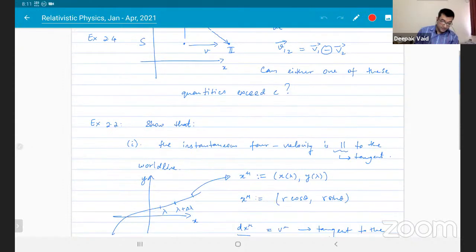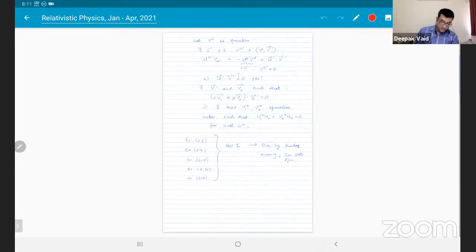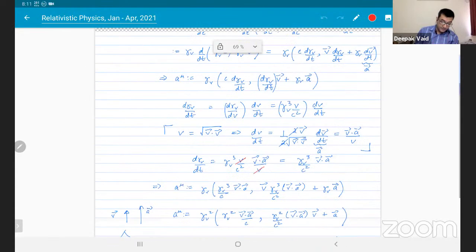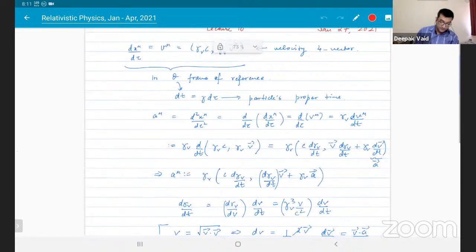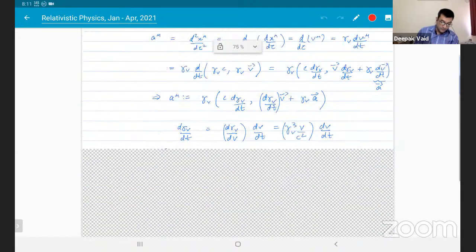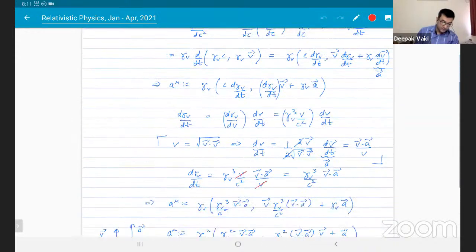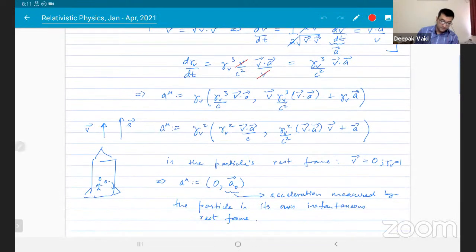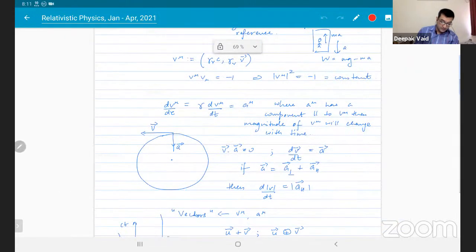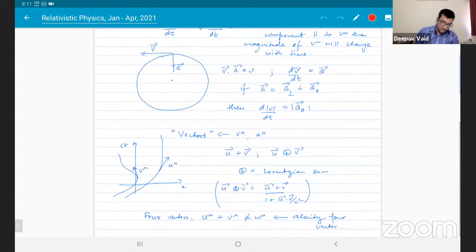Then in lecture 9, well, what was lecture 9? I think lecture 9 was all problems, right? And then lecture 10, the last class we had, we talked about the four velocity vector. Well, we had talked about the four velocity previously. So this time we talked about the four acceleration, and the fact that the four acceleration is always orthogonal to the four velocity.